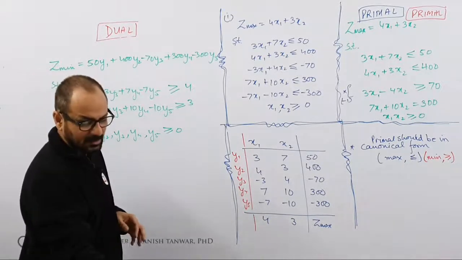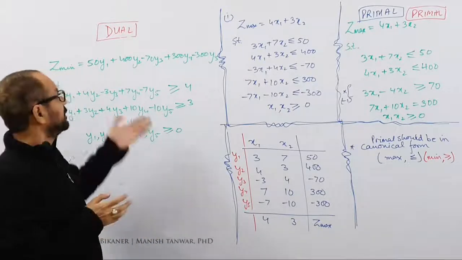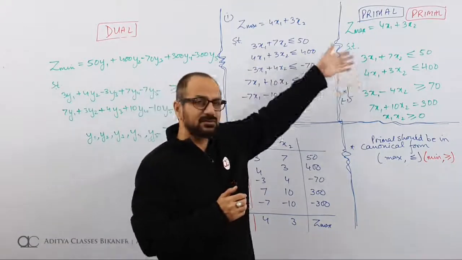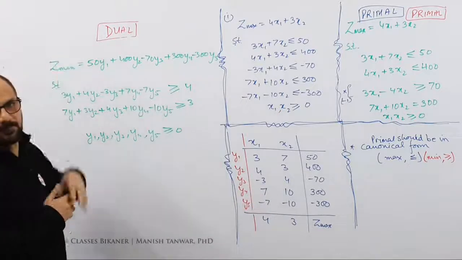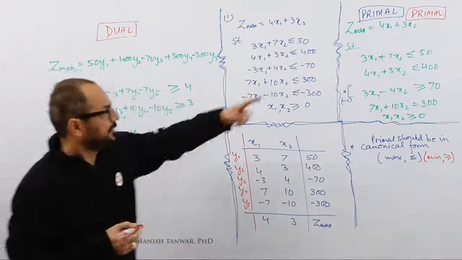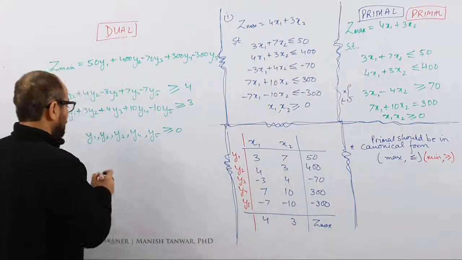Now, why at all do we formulate a dual? Why can I not go ahead and solve this problem? Why am I converting this given problem into a dual? Just to put things in perspective, imagine if you were solving this problem. How many variables would you have?